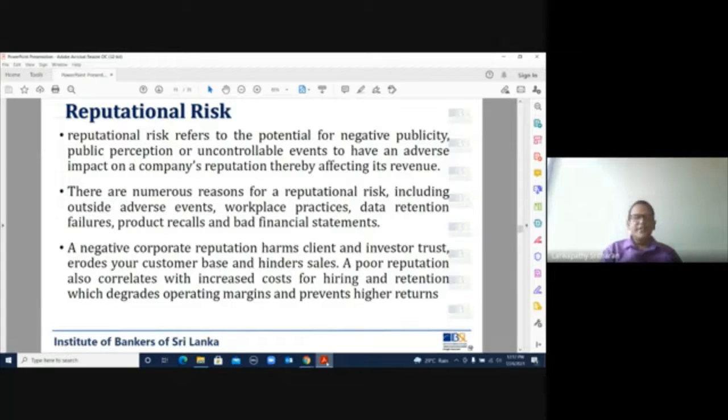So reputation risk may arise due to bad, negative news or publicity spread among the stakeholders or the general public of the bank. That is called reputation risk. It may create financial loss or reputation loss. There are two concepts to keep in mind: reputation risk and reputation loss. Reputation risk is due to negative publicity.